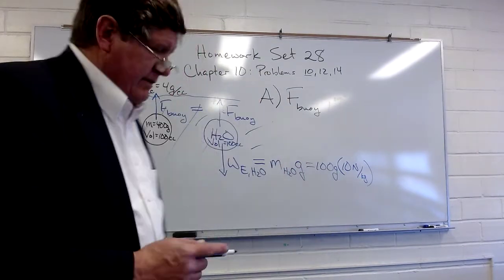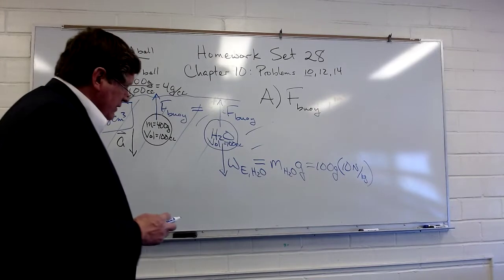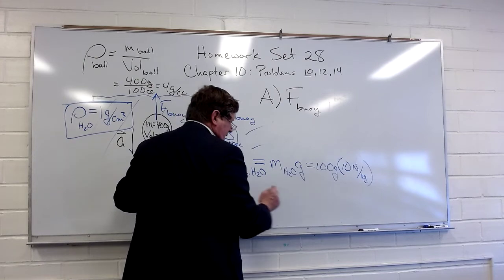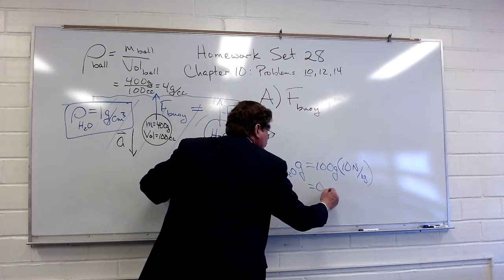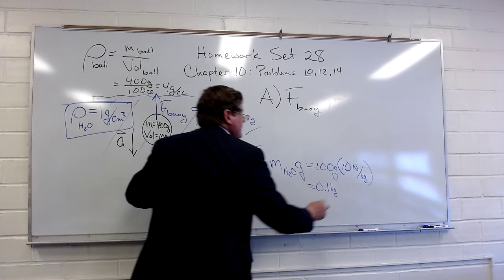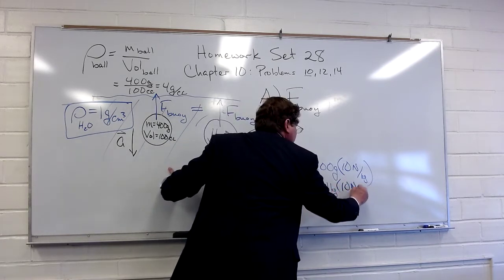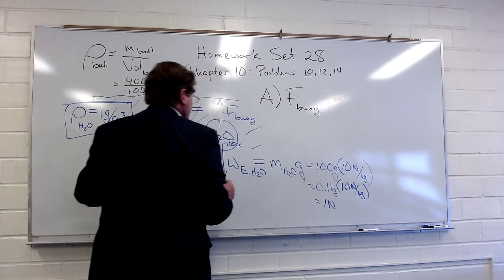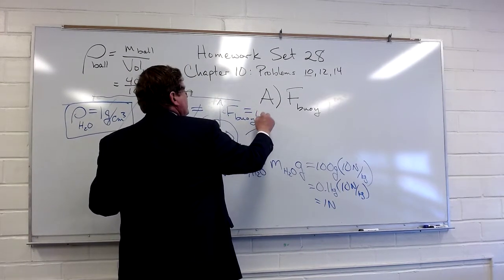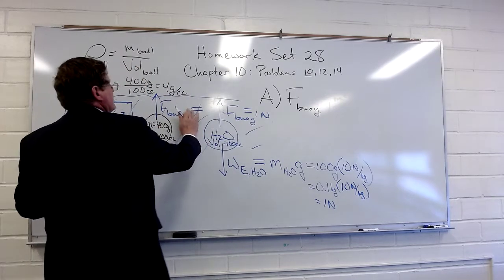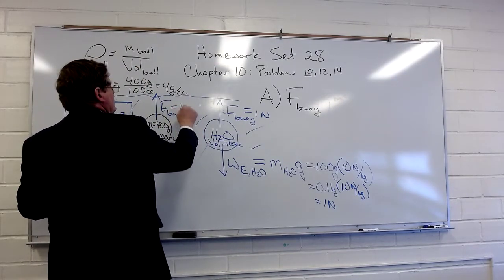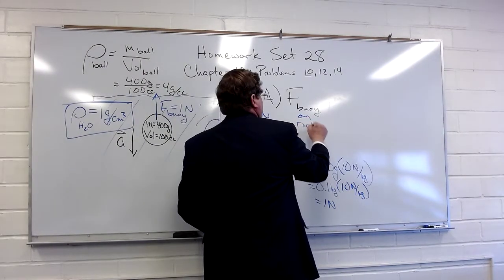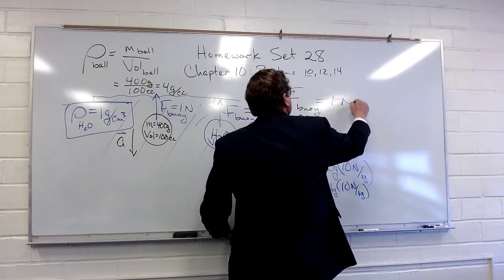When you're dealing with buoyant forces, you're always going to have to convert this mass of the ball of water into kilograms. And so this is going to be 0.1 kilograms times 10 newtons for each kilogram, or 1 newton, okay? So that means this buoyant force must be 1 newton, which means that this buoyant force must be 1 newton. So the buoyant force on the rock is 1 newton.